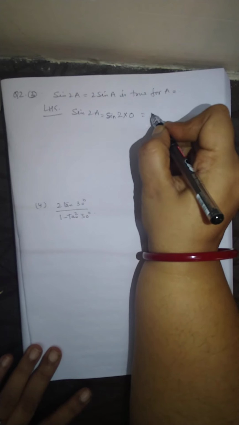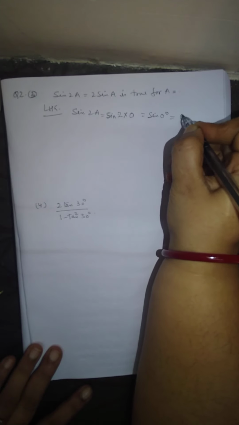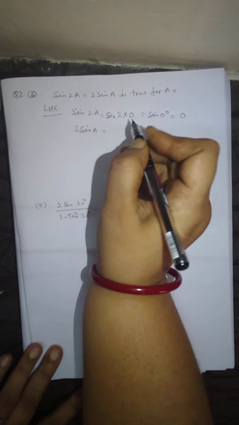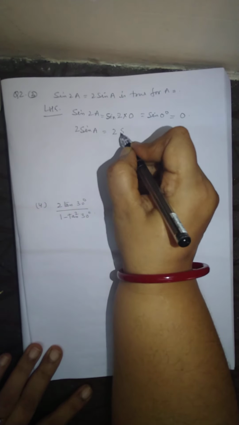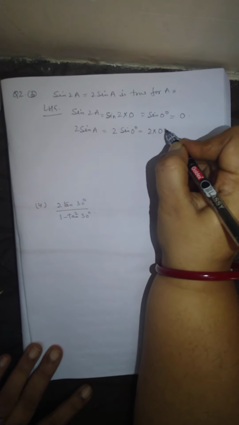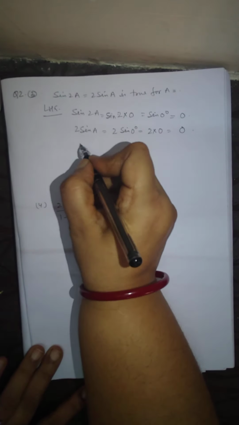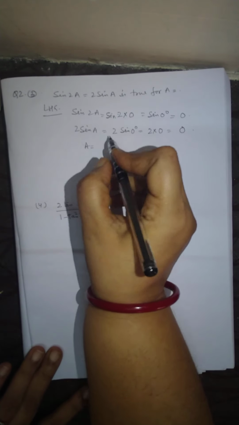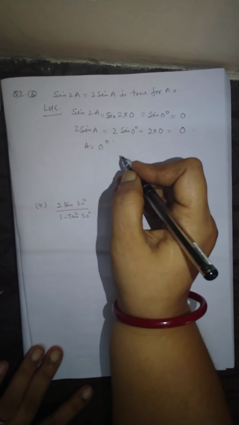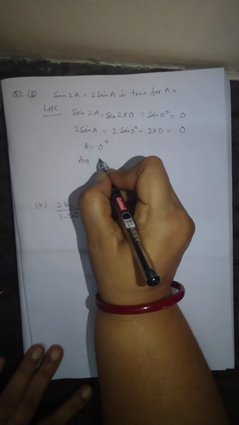Then this is sin of 0 degree, that is equals to 0. And 2 sin A, that is 2 sin of 0 degree, that is 2 into 0, that is also 0. So what should be A? A should be 0 degree. So the correct option is A. Answer is A here.